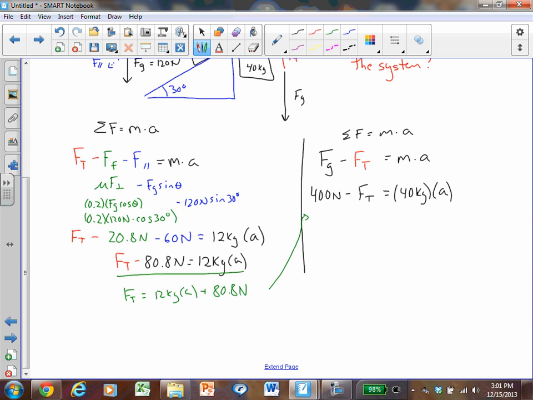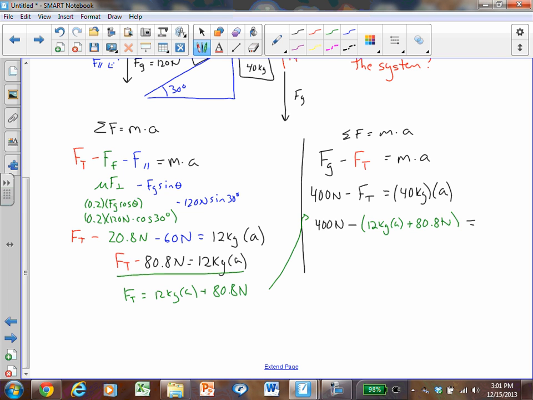So that would give us 400 newtons minus, sometimes it's good to put the parentheses in at this point because we don't want to forget to distribute the negative.